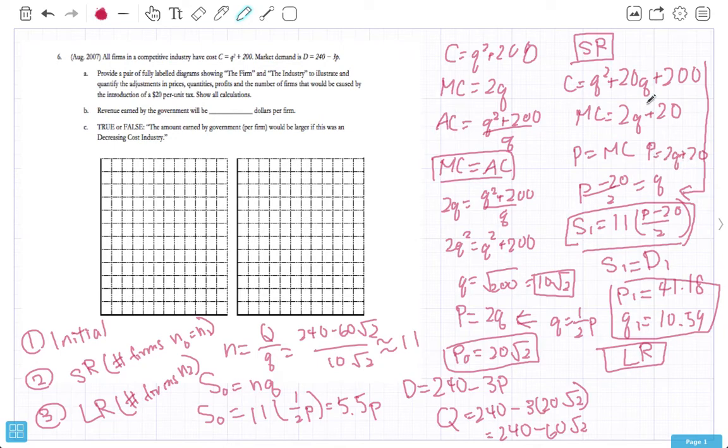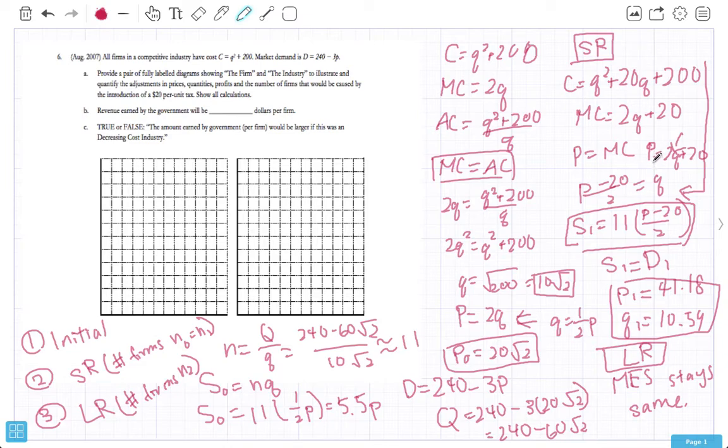But since in the long run MES still stays the same, your quantity produced as a firm will still be 10 root 2. So for long run, you can just plug in 10 root 2 into here and then find your new price.